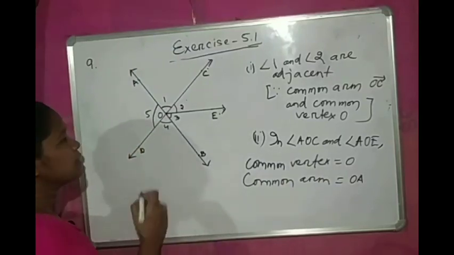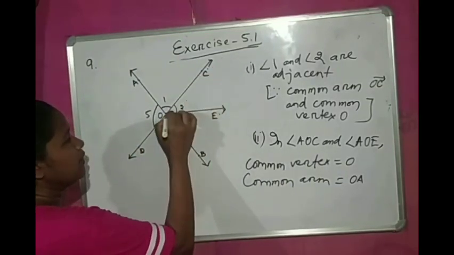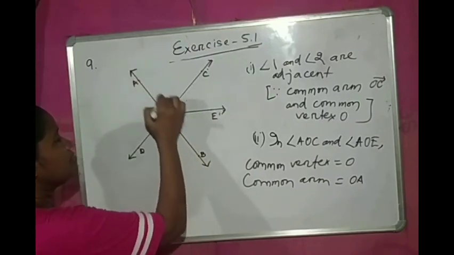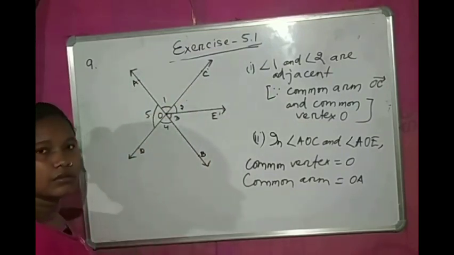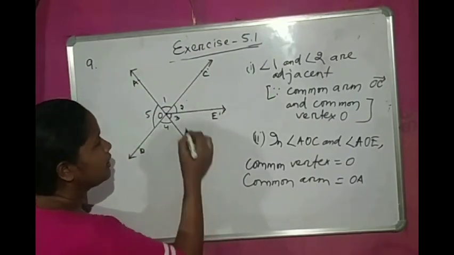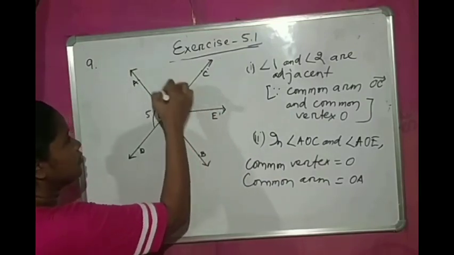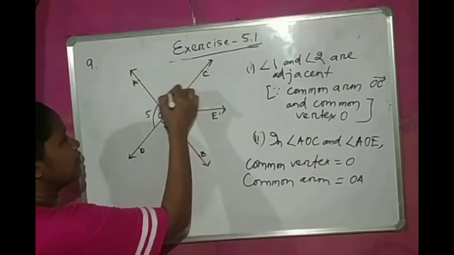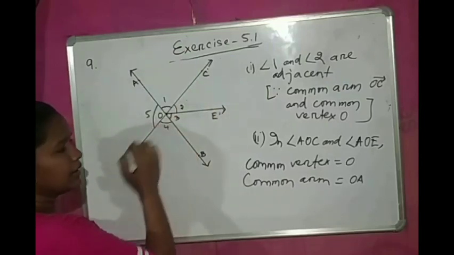But the uncommon arms OC and OE are not on the two sides of the common arm. They are on the same side of this common arm.